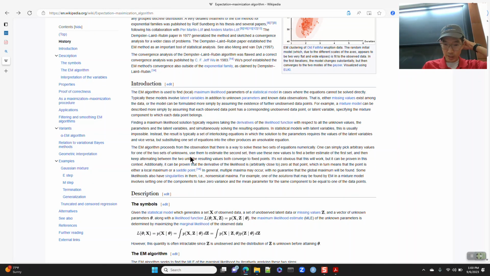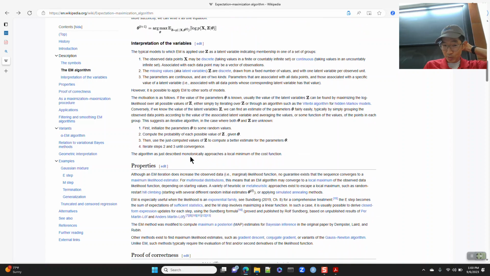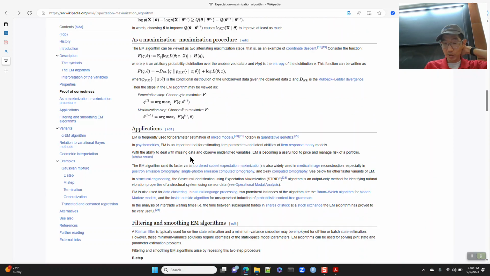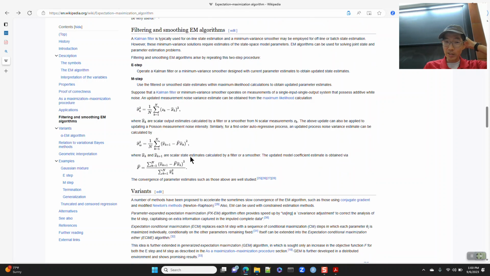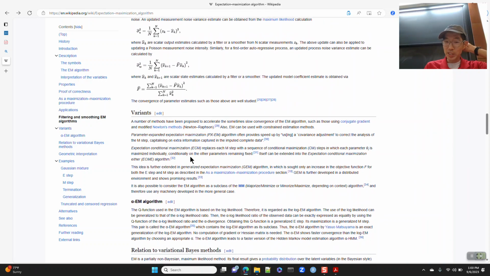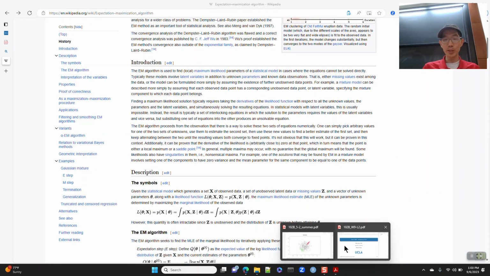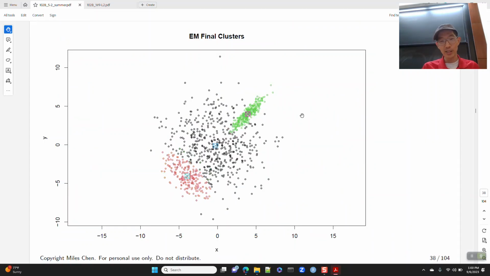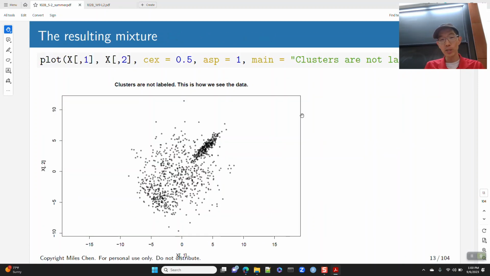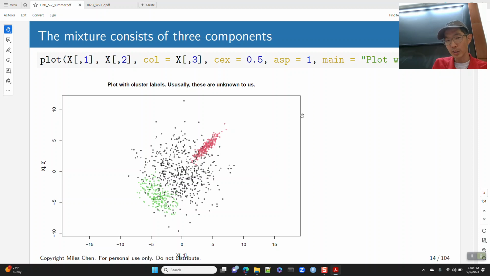Okay, the algorithm as described here, the notation's a little bit messier, but my hope is that these lecture slides give you a sense of how the EM algorithm works, and you'll do it in your homework this week, for homework 5.